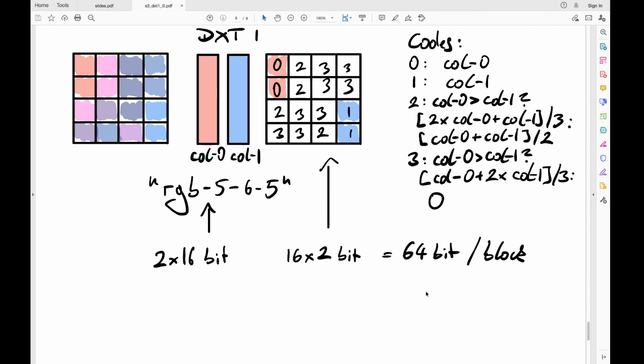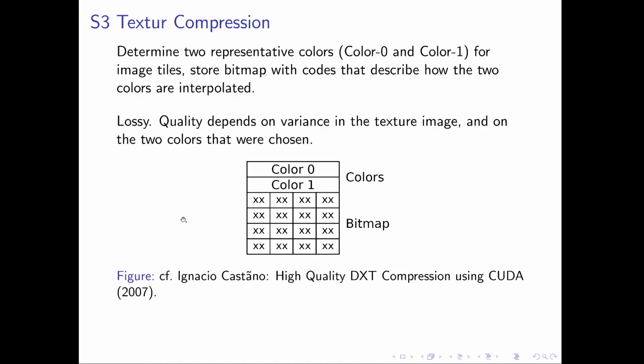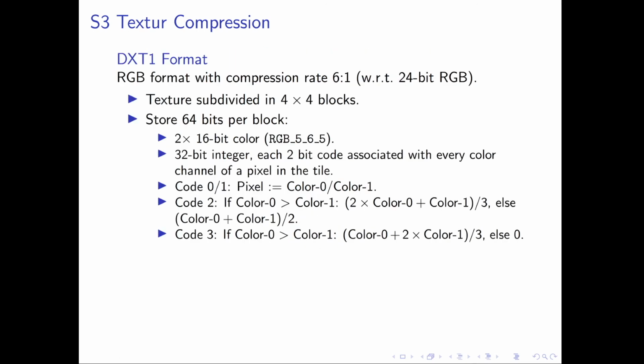And this is actually a pretty beneficial compression rate compared to if we were to store this tile with a raw representation. Here's just another illustration of what this format is actually comprised of. We would store 2 base colors, and then we would store a bitmap containing those codes that represent the interpolated colors. And of course, this is a lossy format. I mean, this is pretty obvious, and it's actually a highly lossy format.